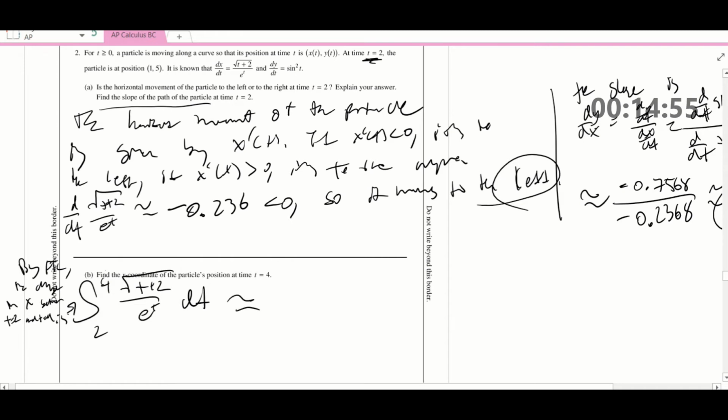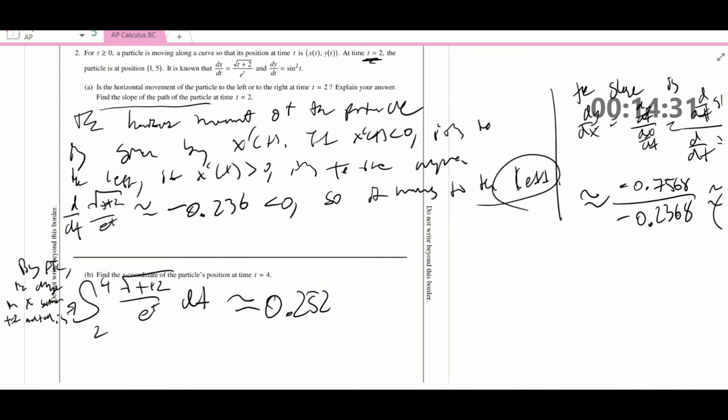I'm going to use a calculator here. The integral from 2 to 4 of the square root of x plus 2 divided by e to the power of x dx is approximately equal to 0.2529. We only need 3 sig figs, so 0.252.